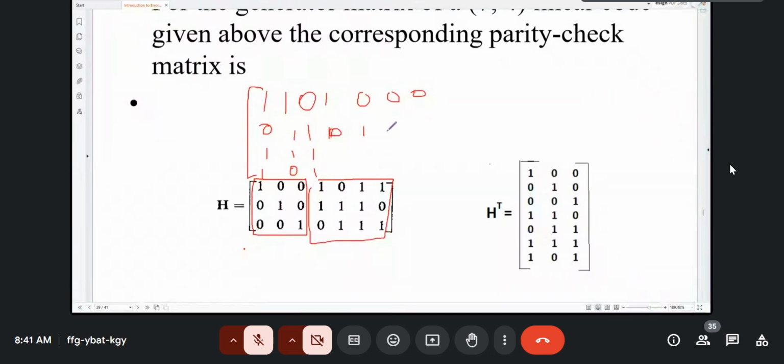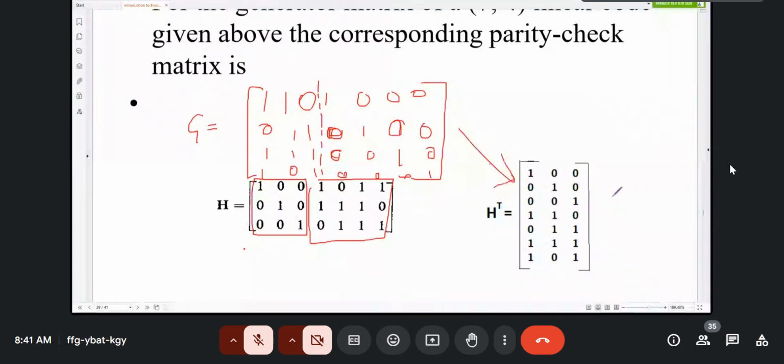Then I'm saying this is our generator matrix, with the identity part 1 0 0, 0 1 0, 0 0 1. I'm putting them side by side so that you can see the relationship. So this is our G, and you know that this G multiplied by the transpose of the other matrix should give us 0.